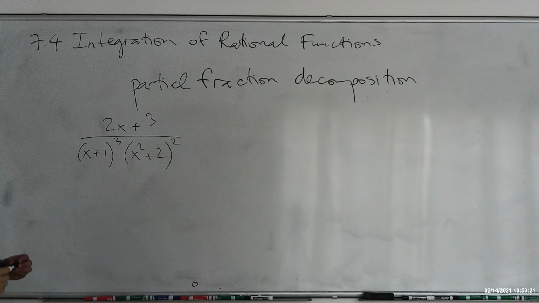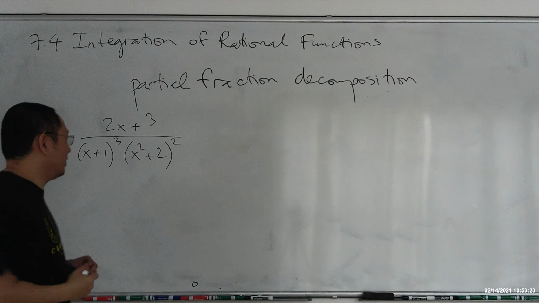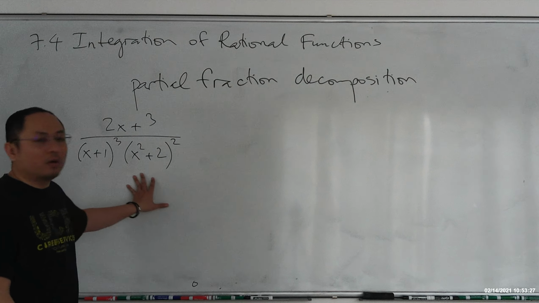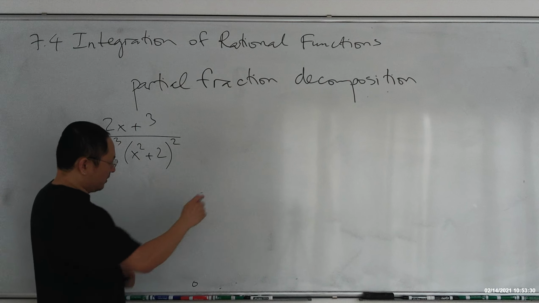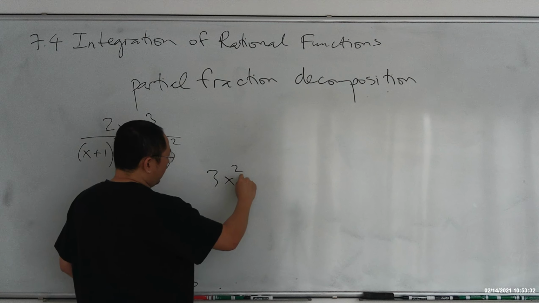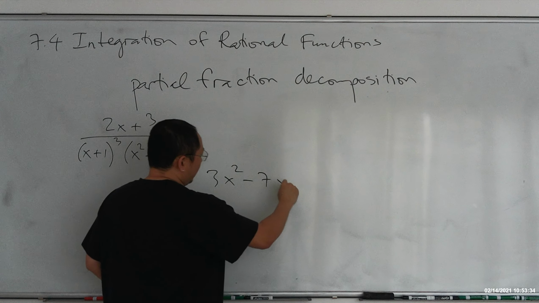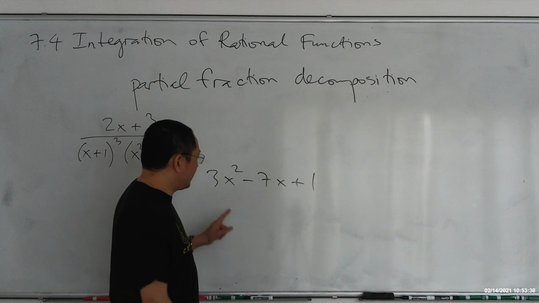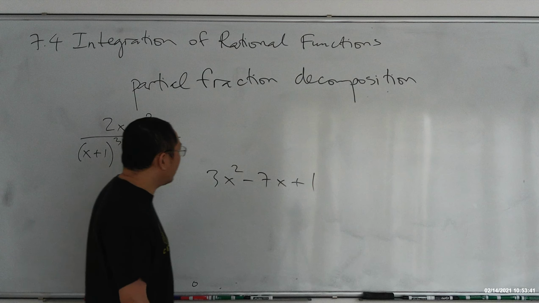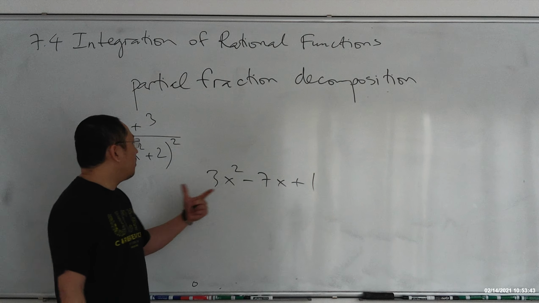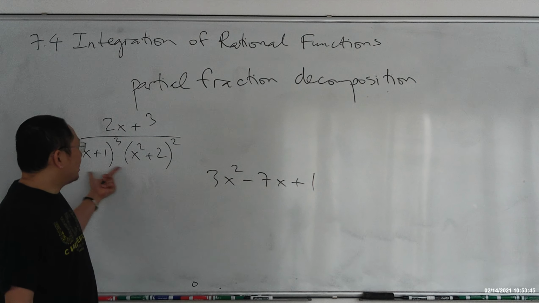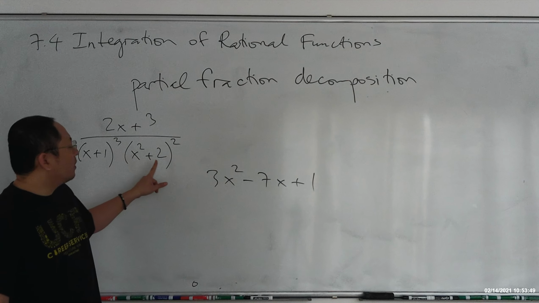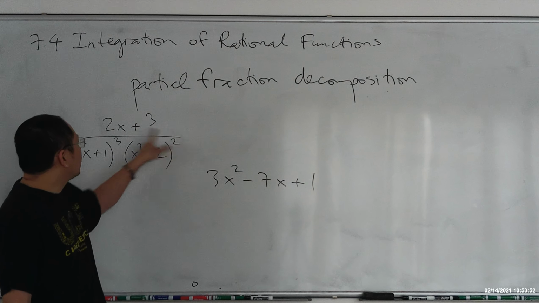Okay. Another thing about algebra you guys should know as well. Whenever you have a polynomial of real coefficients, like 3x squared minus 7x plus 1, those numbers 3, negative 7, 1 are called the coefficients. If those numbers are real, then I claim that you can always factor the polynomial out into products of linear factors or quadratic factors up to some multiplicity.